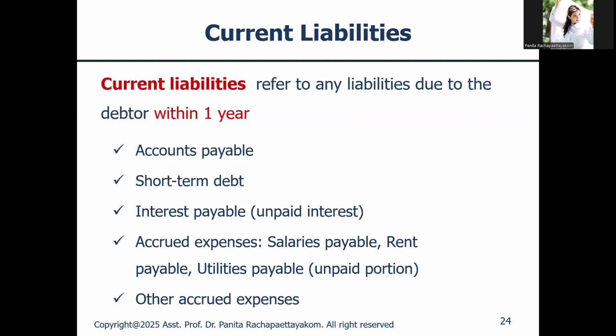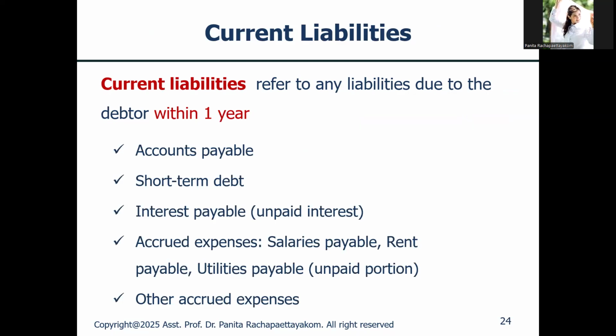So shall we go deeper into the current liabilities? As I mentioned in the previous slide, current liabilities refer to any liabilities that a business needs to pay to a debtor or creditor within 1 year.